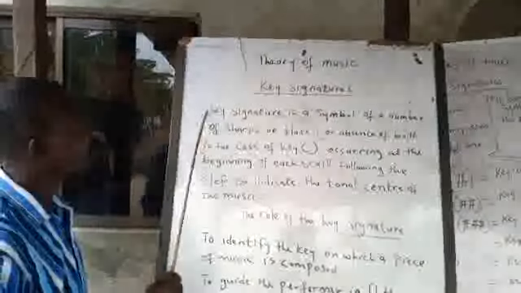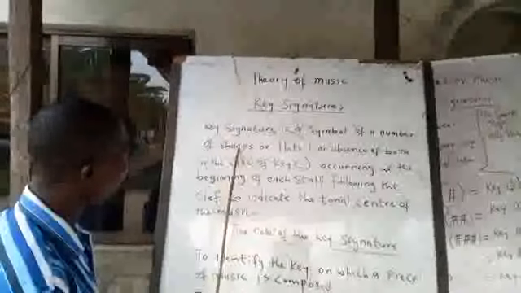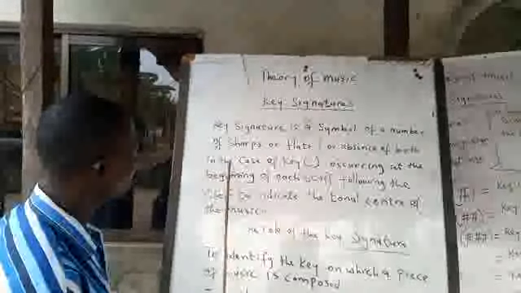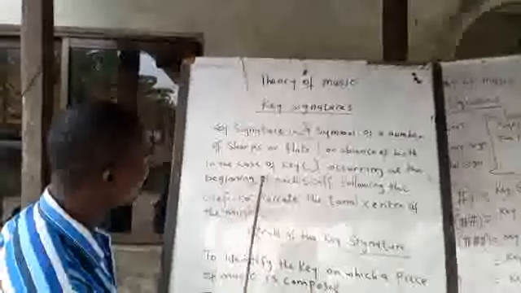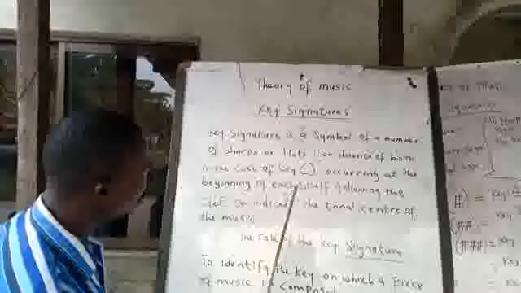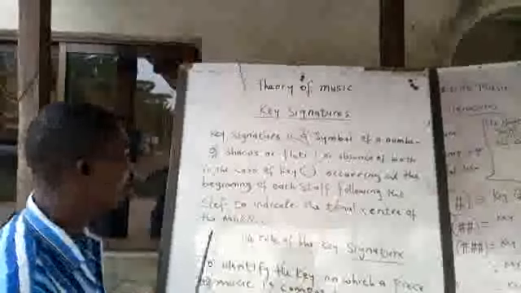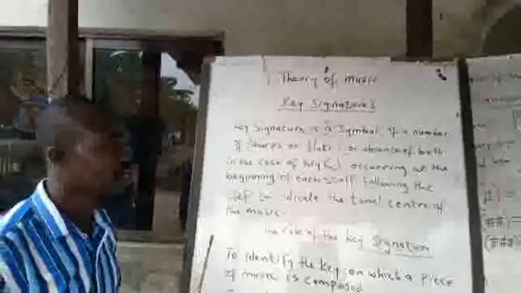I repeat again: a key signature is a symbol of a number of sharps or flats, or absence of both in the case of C, occurring at the beginning of each staff, following the clef to indicate the tonal center of the music.